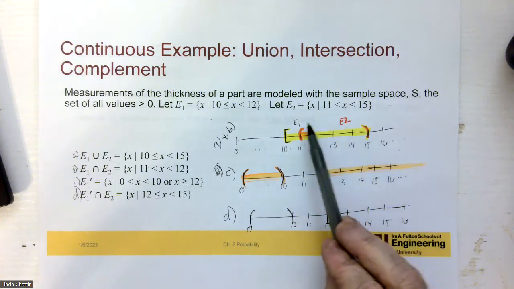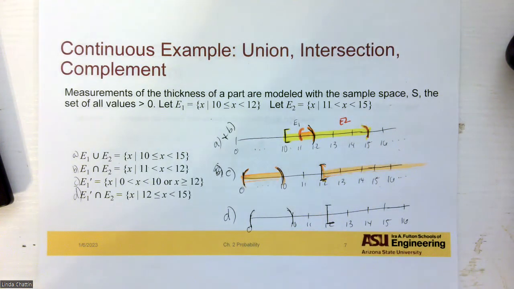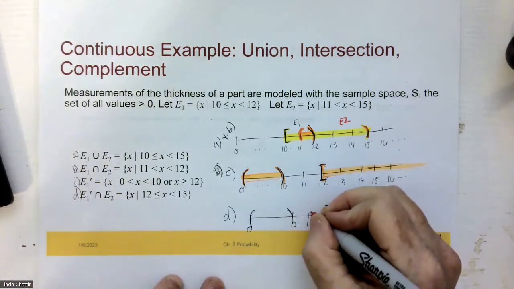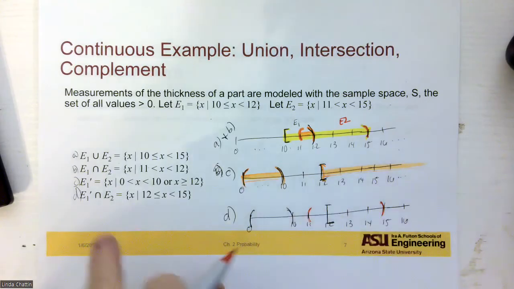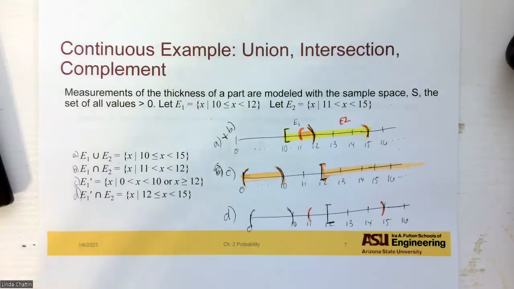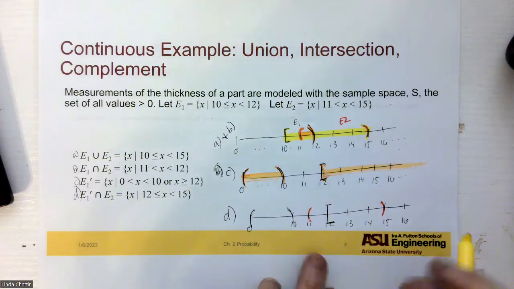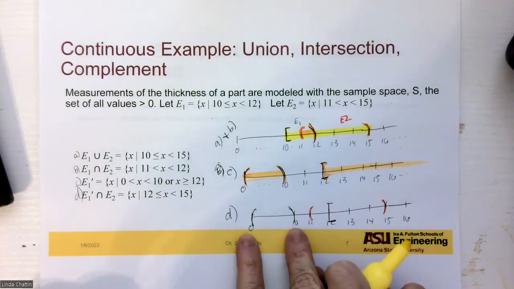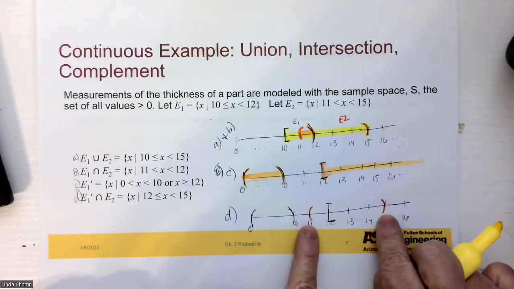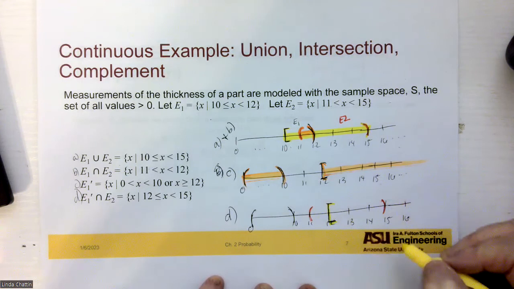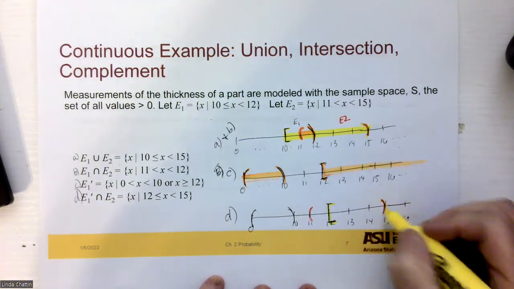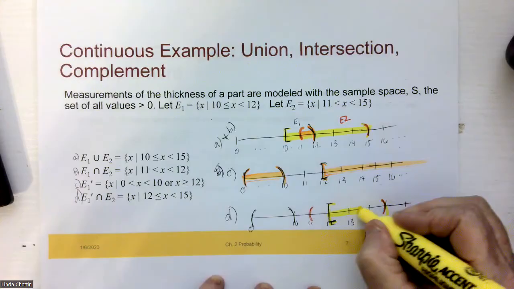And then E2 was 11 to 15. So I'm going to use a red pen here. So we'll have 11 up to 15. And they want to know what is the intersection of that. And hopefully you can see that the intersection, that which this and this have in common with this, will be the 12, including the 12, and up to, but not including the 15 here. So this will be part D.